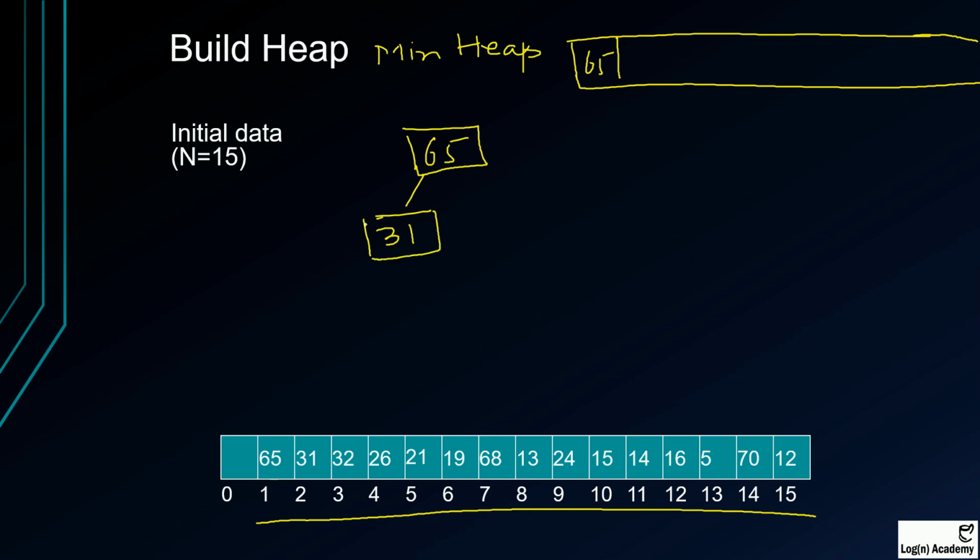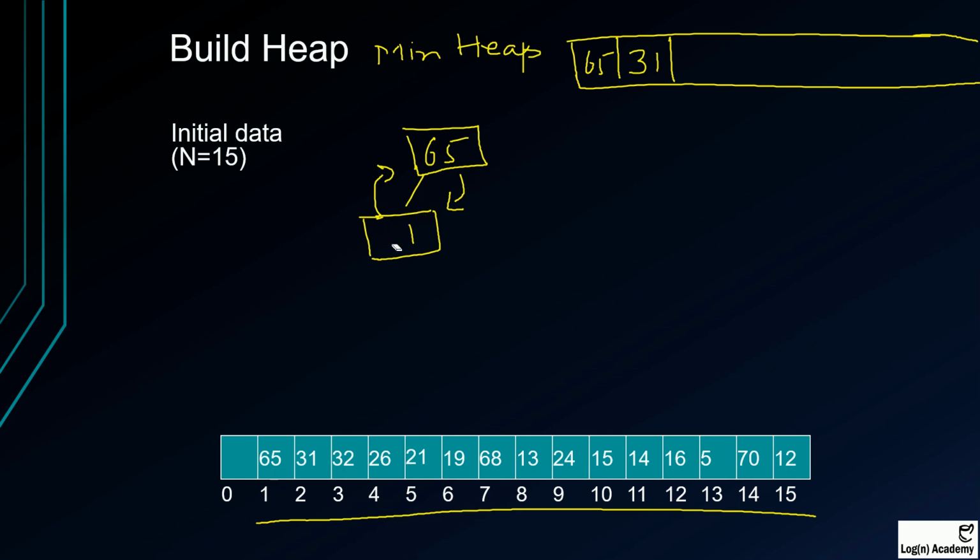Now I will check: is 31 less than 65? Yes, it is less than 65. So I will have to swap, because according to min heap, the minimum value will be the root and the greater values will become the children.